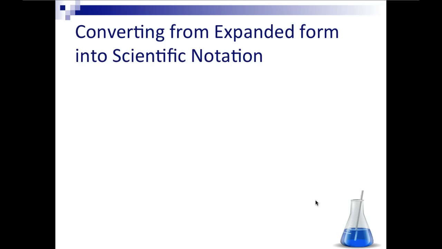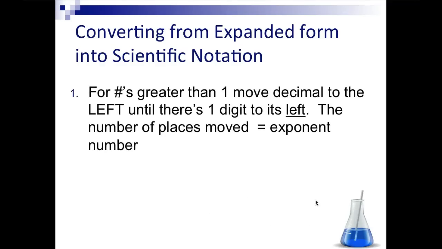So how do we convert from expanded form, which is the form with all of the zeros either before the number or after the number, into scientific notation? So first, for numbers greater than 1, you have to move the decimal place until there's one digit to its left. The number of places moved is how many exponents you're going to have. So for example, let's look at this. We have to move the decimal that's right at the end here to the left until there's one digit left.